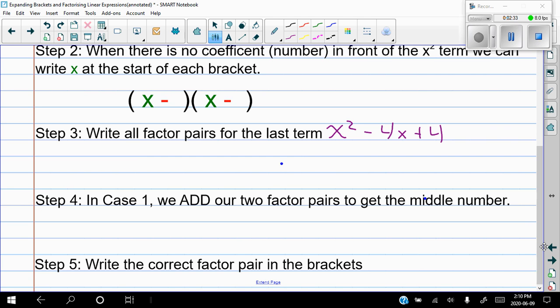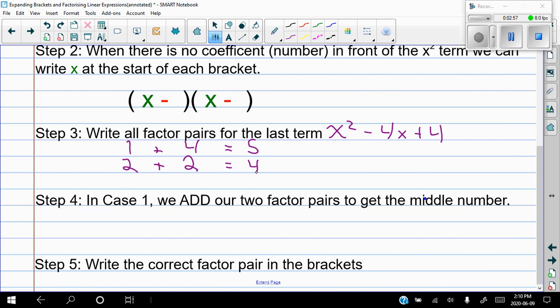So what are all the ways that we can make the number 4? Well, 1 times 4 is 4, and 2 times 2 is 4. So step 4 is where we add these together. On top, 1 plus 4 is 5, and 2 plus 2 is 4. And we don't care about the sign in our expression at this point because we've already taken care of it.